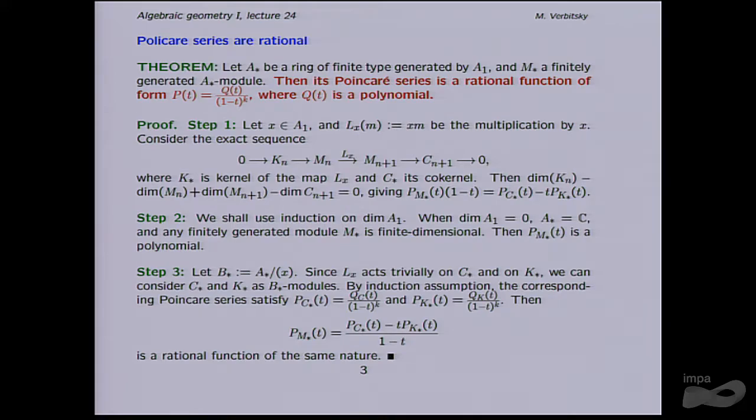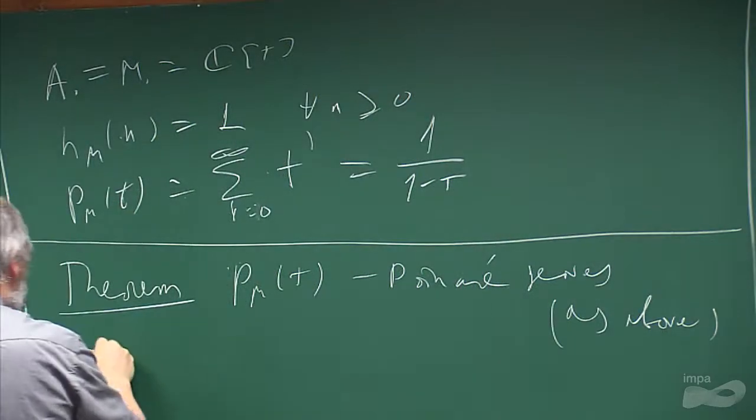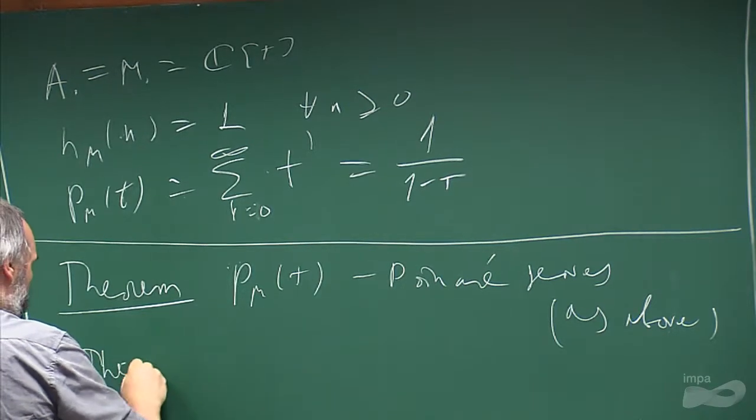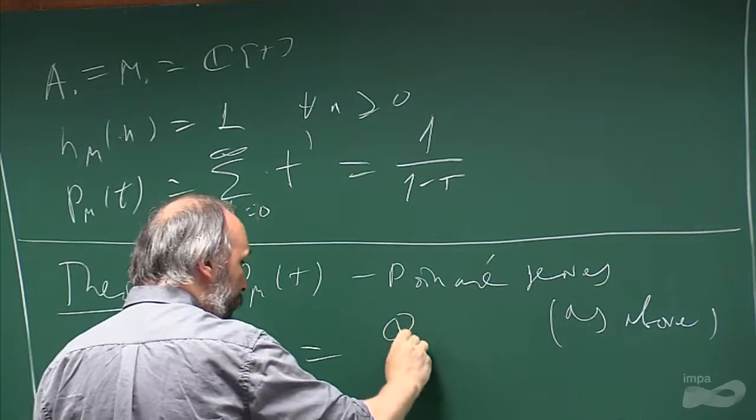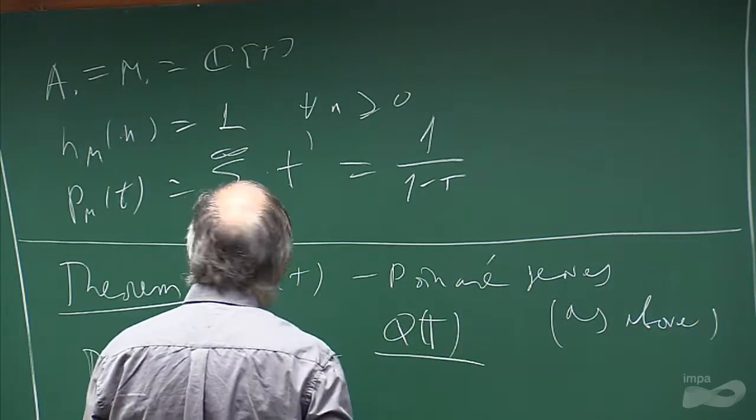Suppose you have P_M of t, the Poincaré series, in the same assumptions as above. Then P_M of t is Q of t over (1 minus t) to the power k, where Q of t is a polynomial.